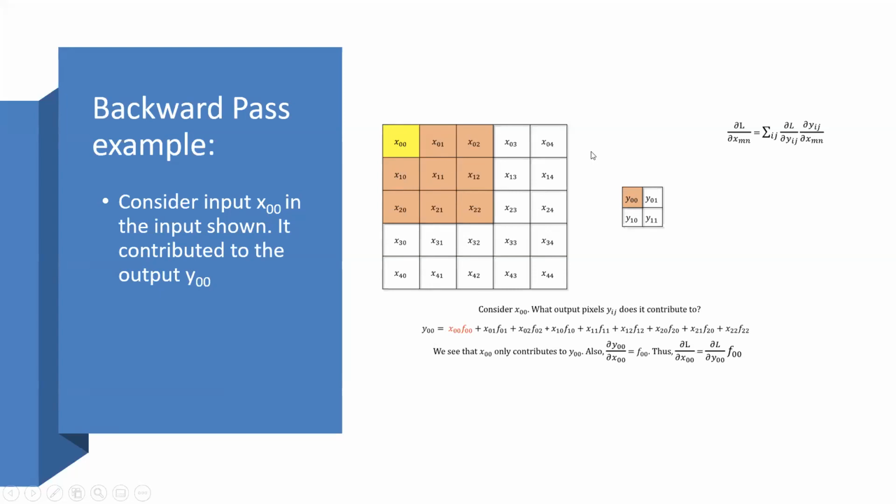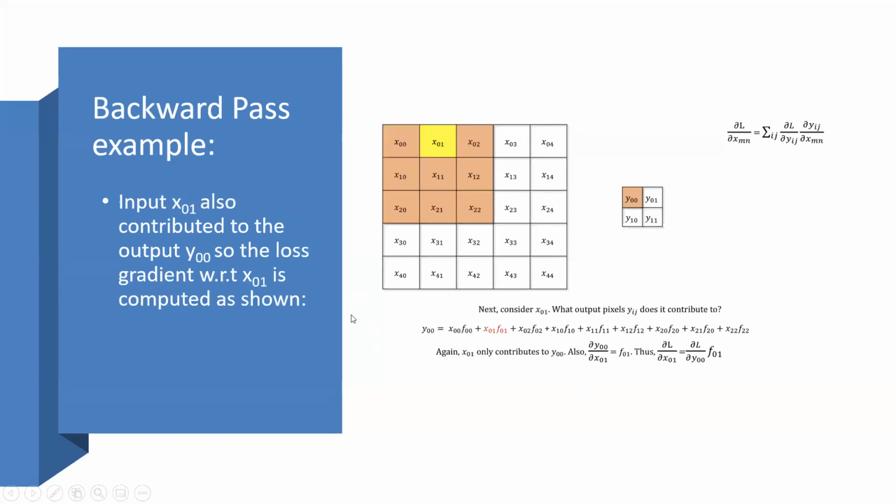It did not contribute to y01 or y10 or y11. So in computing the loss gradient with respect to x00, it's just going to be the loss gradient that it affected times the filter at that position, f00, because f00 is the one that was used with x00. I hope you guys can see that from this slide.